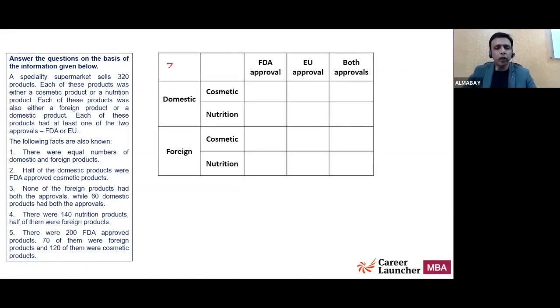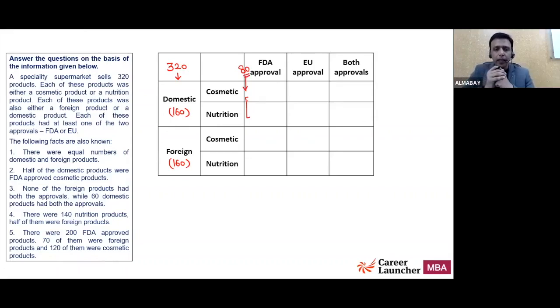So out of total of 320, I'll have 160 domestic and 160 foreign products. Half of the domestic products were FDA approved cosmetic products. So half of domestic products, that means 160 may say there would be 80 would have that FDA approval. So in दोनों का जो sum था वो बेटा 80 था.